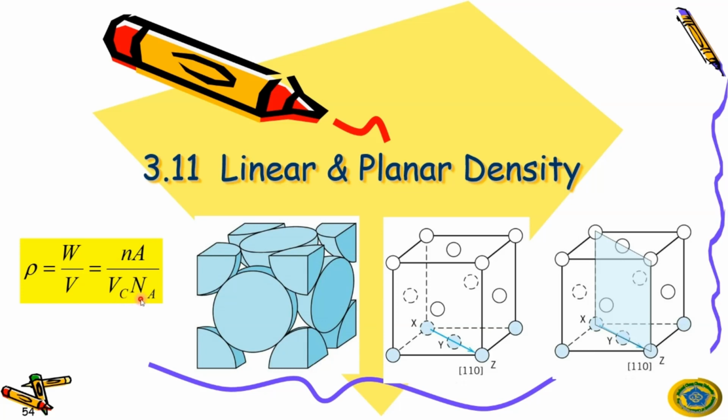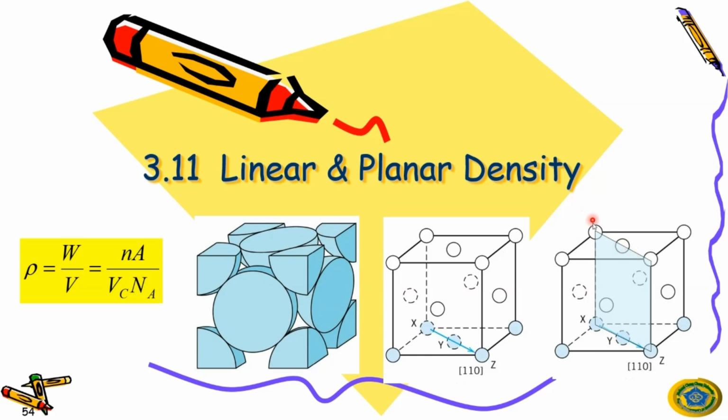How about linear density? How about planar density? Linear density means how many atoms pass through this vector or pass through this direction. Then that's what we call linear density. Planar density means how many atoms in this plane.